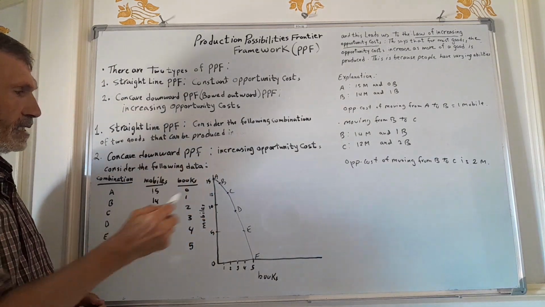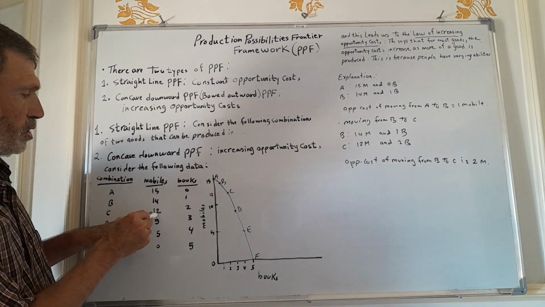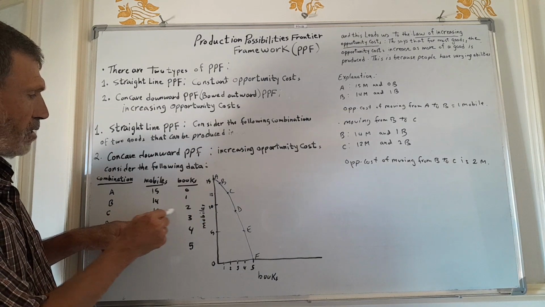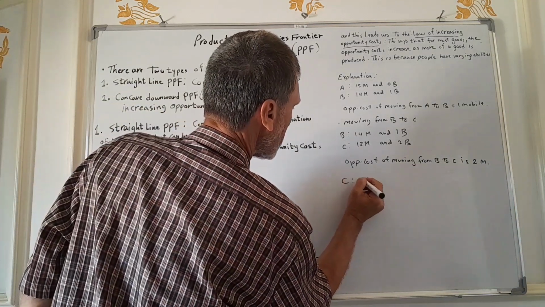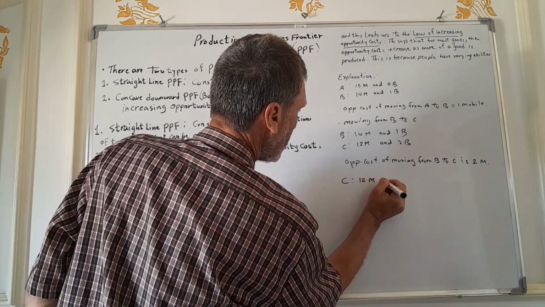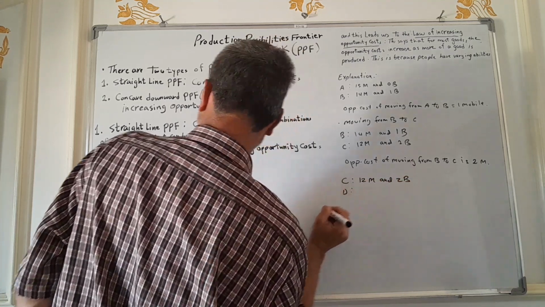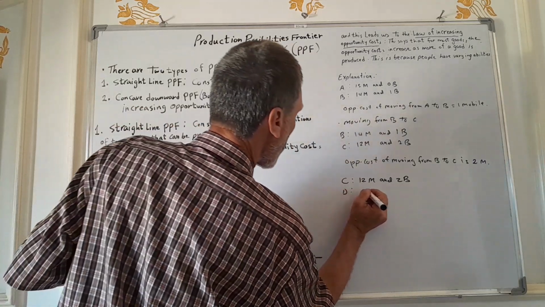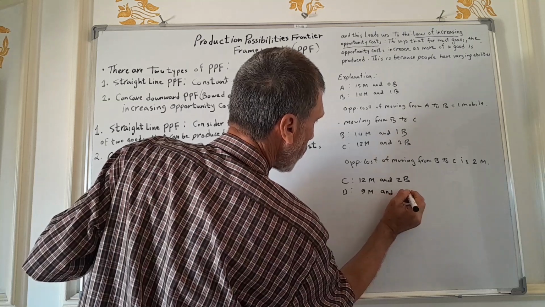At C, as you can see, the company is producing 12 mobiles and 2 books. At D, we have 9 mobiles and 3 books.